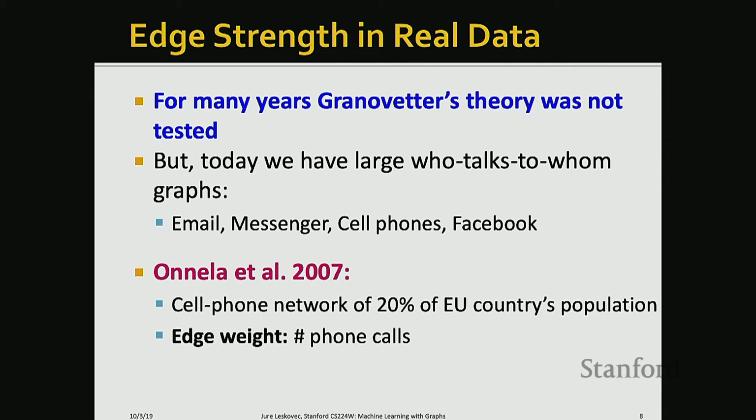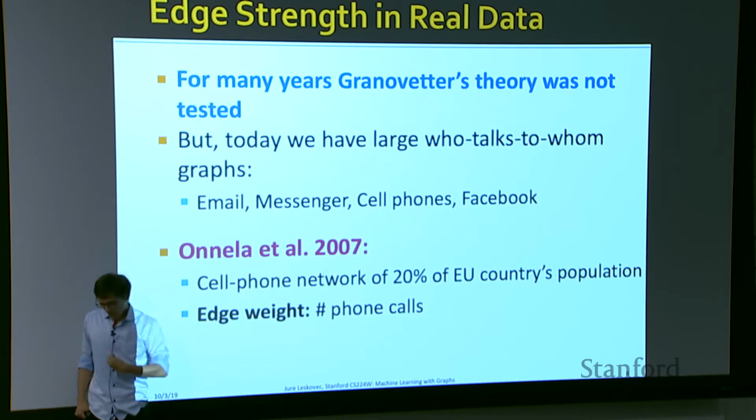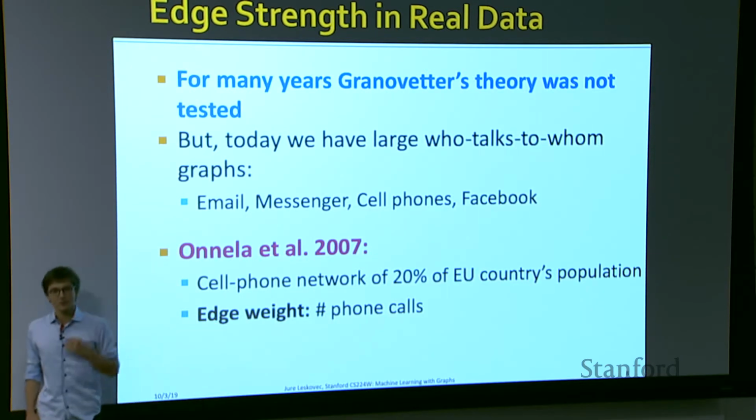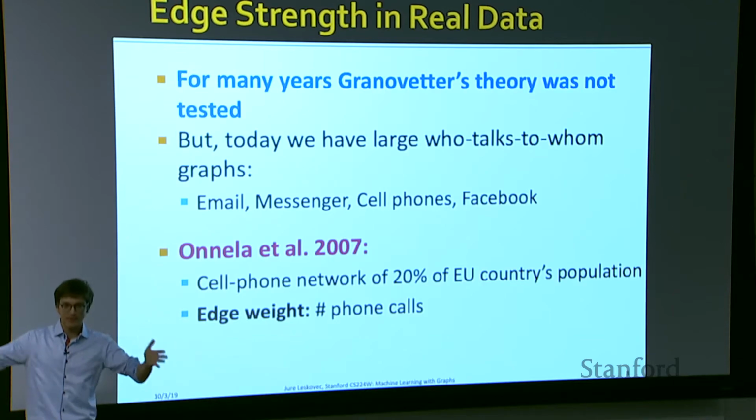The way this was done was on a cell phone communication graph from an anonymous European country, covering about 20% of the country's population and the cell phone calls between them. And they said, let's say that the weight of the edge, the strength of the friendship, equals the number of phone calls between us in a week or in a month.